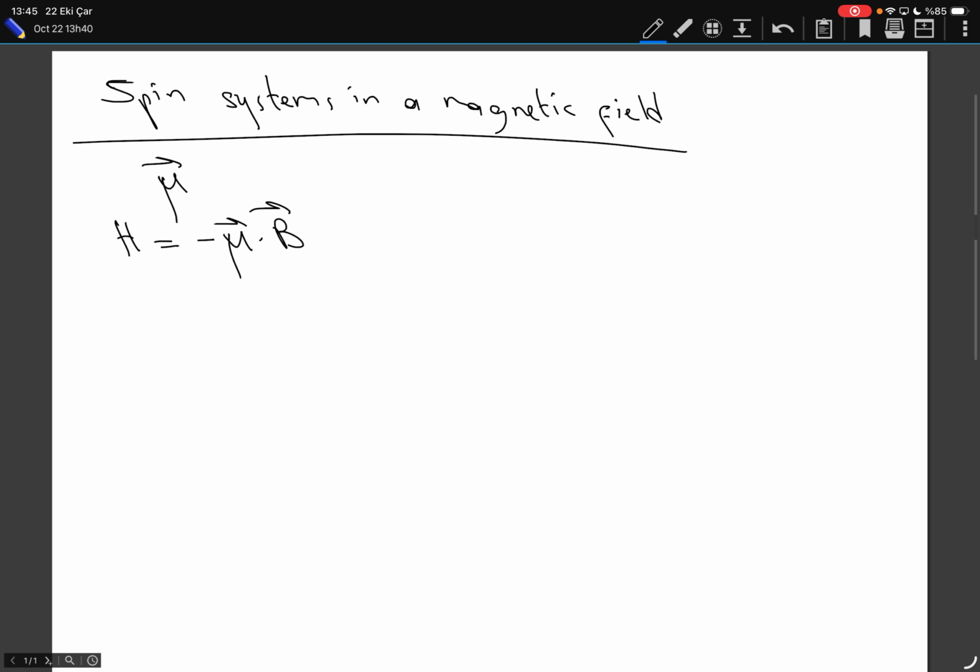If you look at any particle, it can be the electron, the atom, anything that has a magnetic moment, this will not be the whole Hamiltonian of the system. The whole Hamiltonian will be the Hamiltonian that describes the translations and the other external potentials, if there are any, plus this Hamiltonian due to the presence of the magnetic field B.